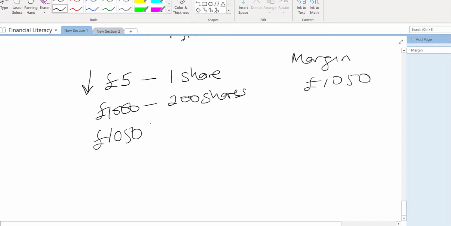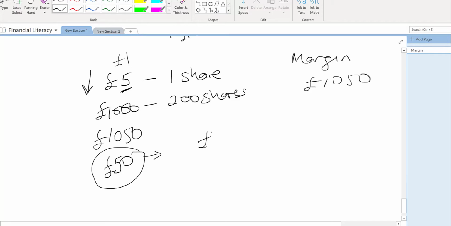You only have £1,000, so basically you are in debt, right? Where are you going to get the money from? If you cannot pay, your broker will pursue you for the debt and you have to pay the debt. Now, this can be a lot more. Your share price can go all the way down to even £1.